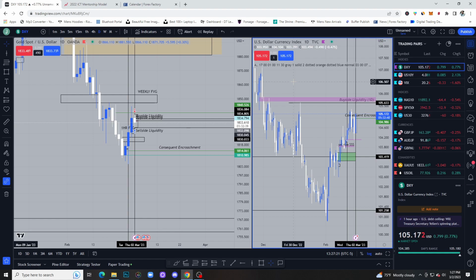What I was analyzing was that you see right here we have this buy side liquidity pool, this daily buy side liquidity pool, or basically this single daily high right here.